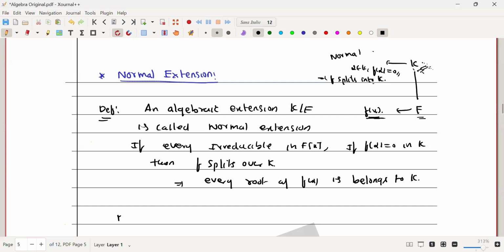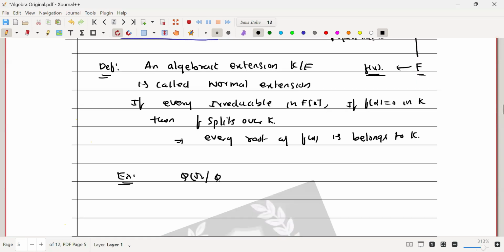Examples: Q(root 2) over Q. So what is the minimal polynomial? Assume that x = root 2. So its minimal polynomial is x squared minus 2, which belongs to Q[x]. It can be written as the linear factors x minus root 2 into x plus root 2.